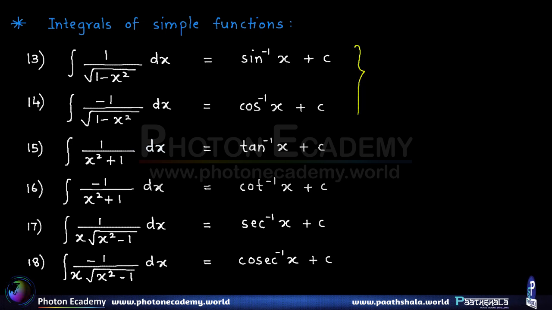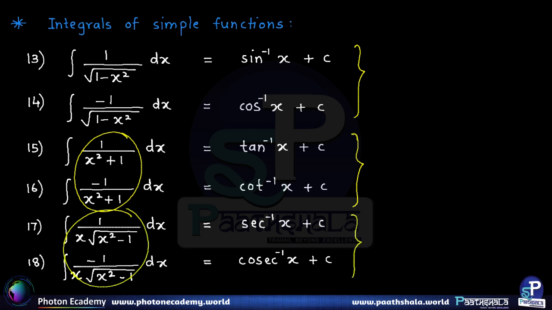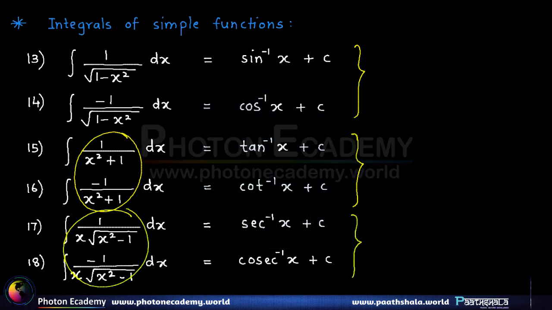So we can remember basically in pairs, that is the next two are tan inverse and cot inverse. You can see that on the left hand side also we have the two similar expressions except their sign, and the last two are also very much similar, which are for sec inverse x and cosec inverse x. So these are the standard results.